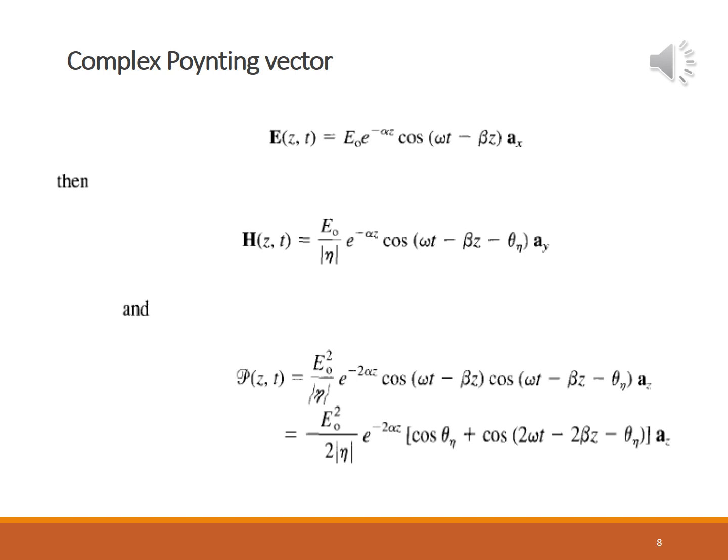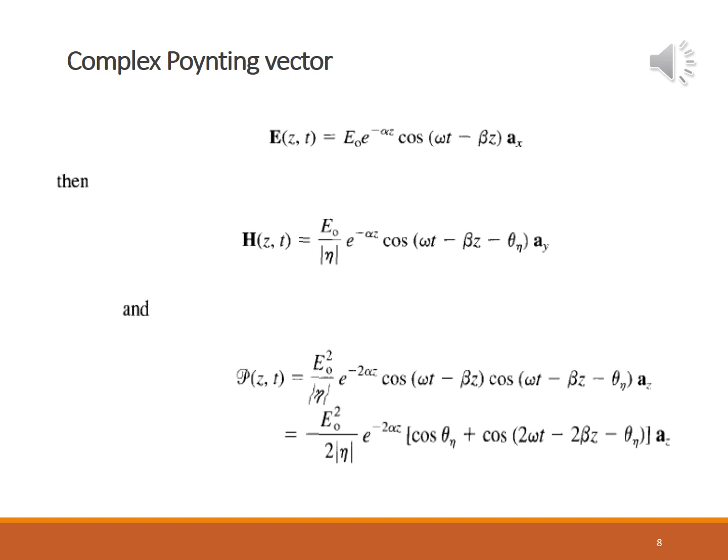And then you have cos of omega t minus beta z, ax. So essentially what you have to understand is that any time harmonic field is normally represented as a sine function or a cosine function. Now in this case, we have used the cosine function representation. So the expression for E is written.